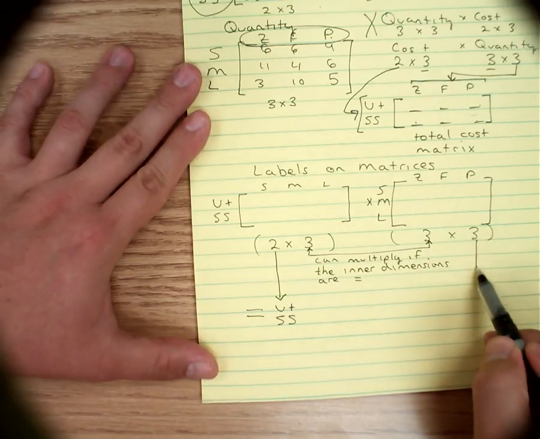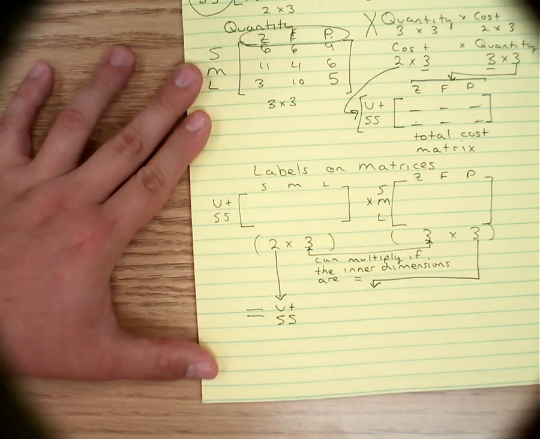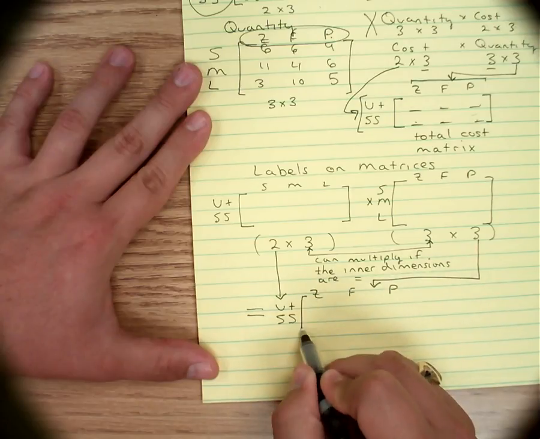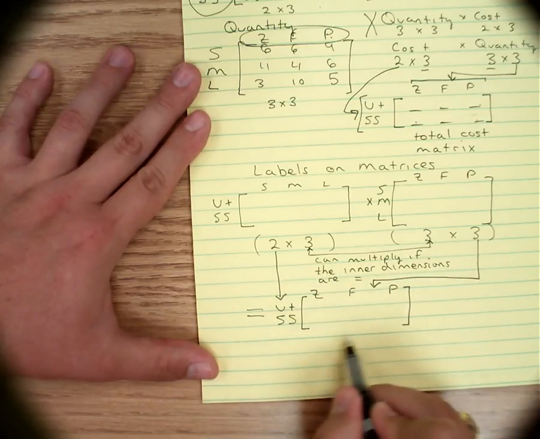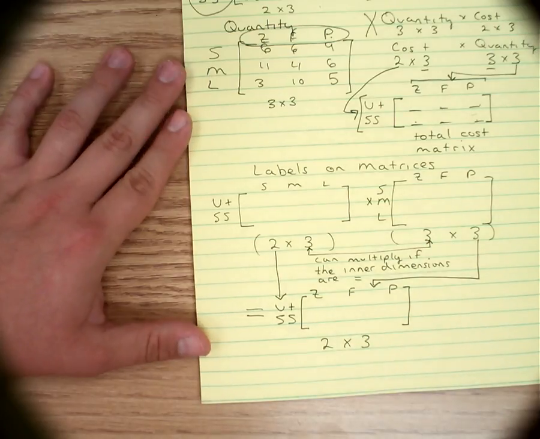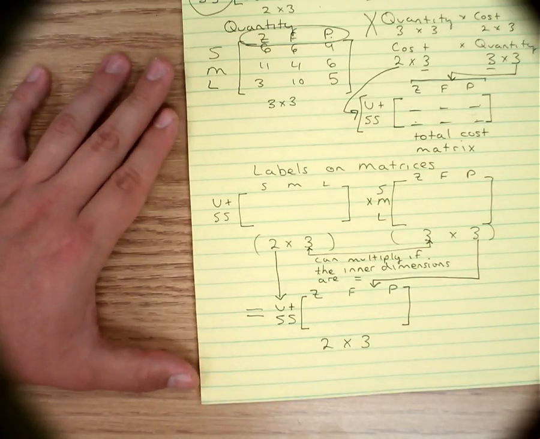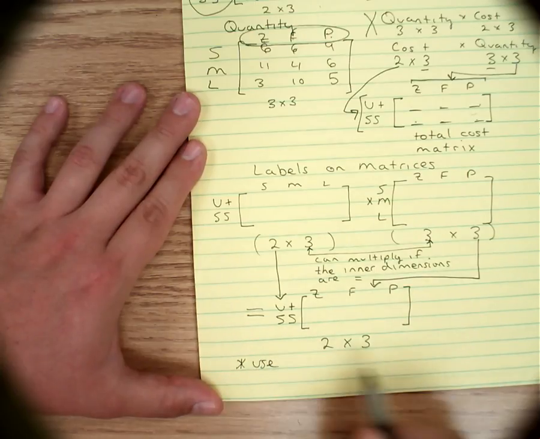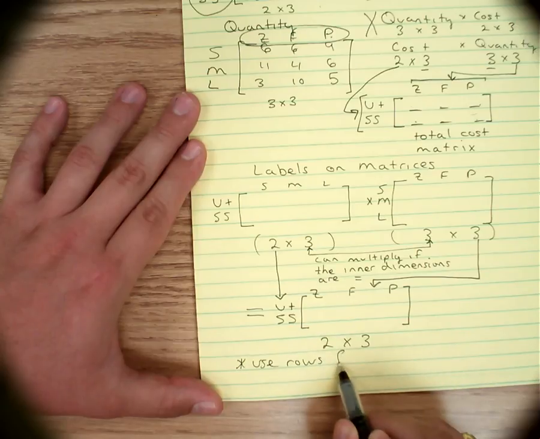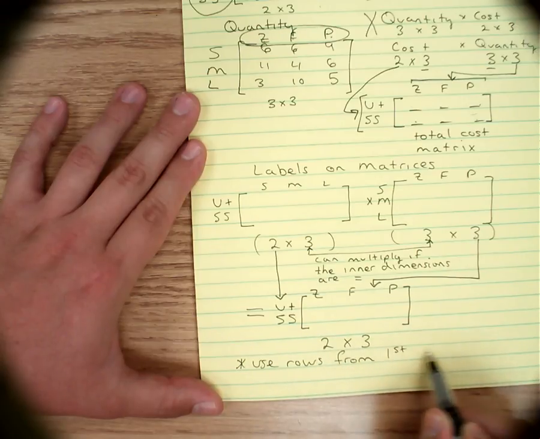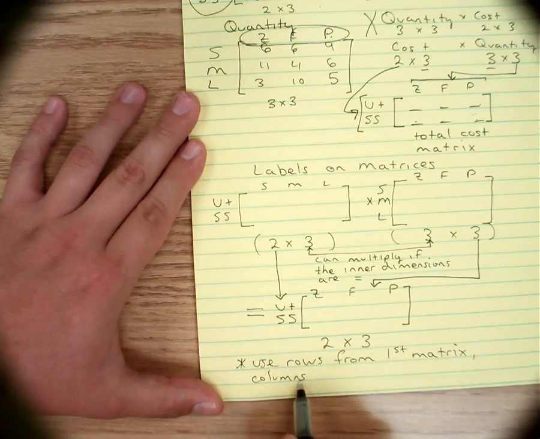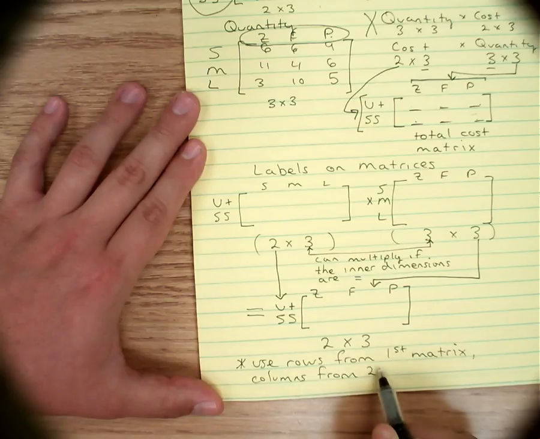And my columns come from this second matrix: Zephyrs, Flyers, and Pioneers, which gives me a 2x3 result. So we use our rows from the first matrix, columns from the second matrix.